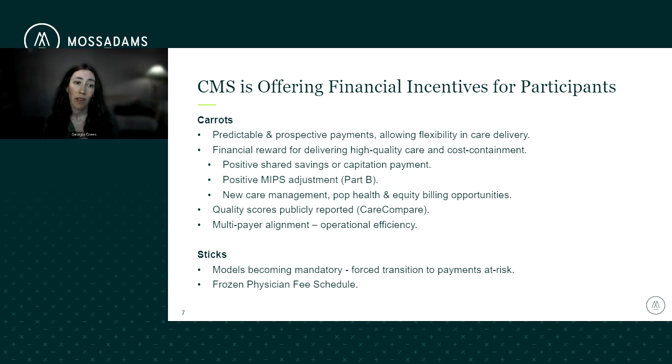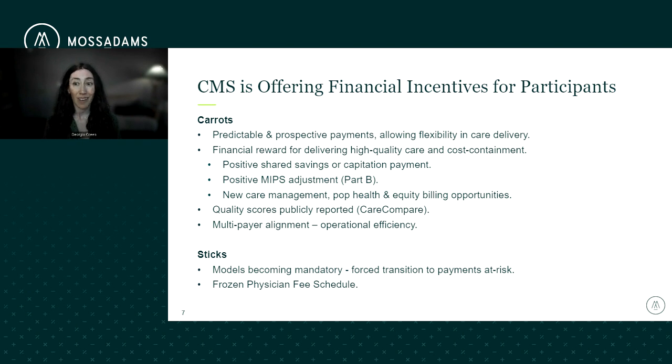There's also the public reporting of your quality scores on Care Compare. It used to be Physician Compare or Hospital Compare. So just knowing that there's good public information about your organization when consumers are out there comparing you to your competitors. Also, you can gain some efficiency from having multi-payer alignment.